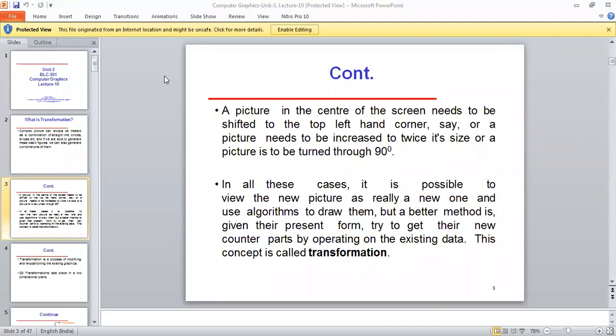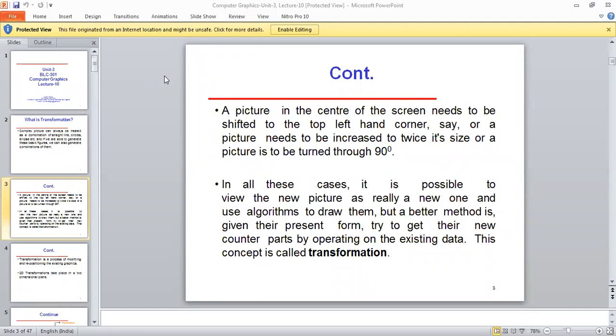So I am discussing the transformation. So what is the transformation? Transformation means the changes required to get a good display, or to enhance the visibility of a particular image or picture. So if we want to get good visibility of the image, then we apply some transformation. And what are those transformations?